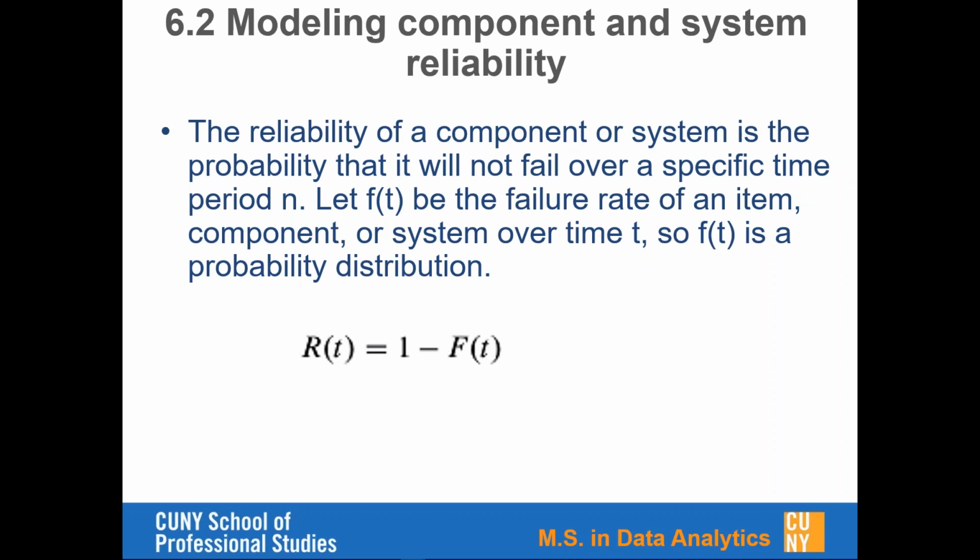And then reliability is defined as 1 minus F, where f(t) is the failure rate, and capitalized F(t) is a probability distribution function. So that's really, the reliability can be defined as 1 minus the probability of failure.